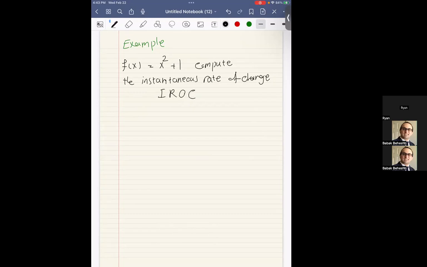IROC stands for instantaneous rate of change. So compute the instantaneous rate of change at x equal to 2.